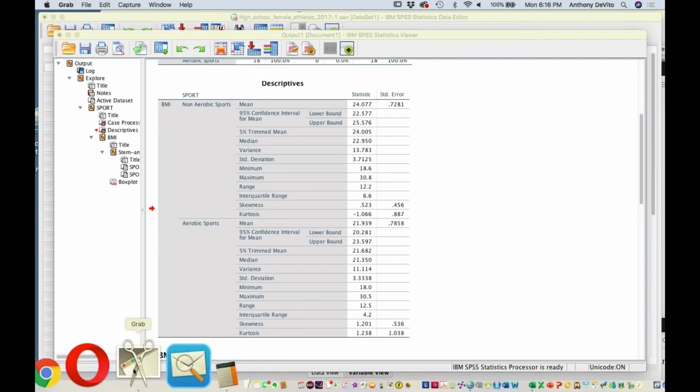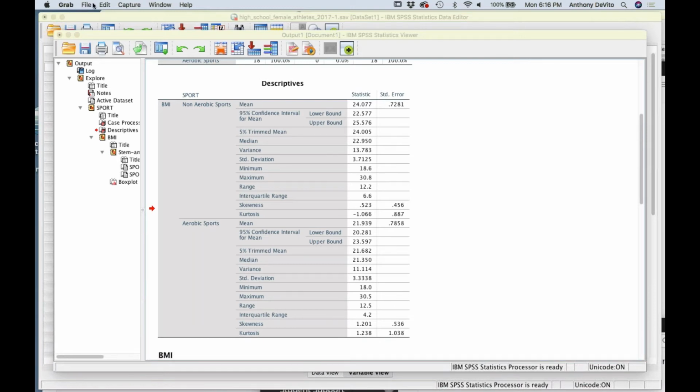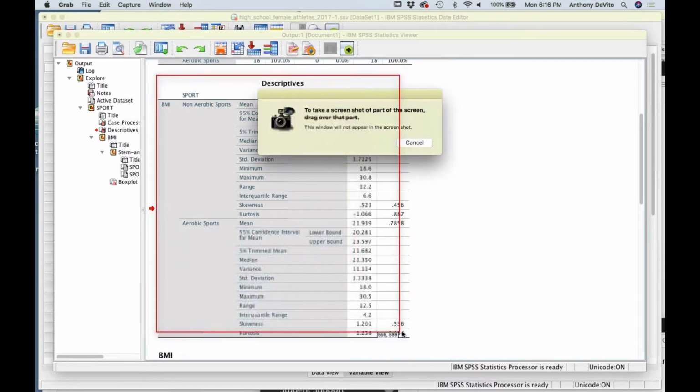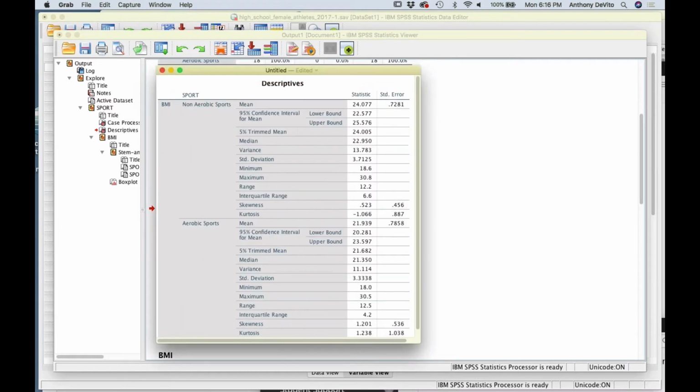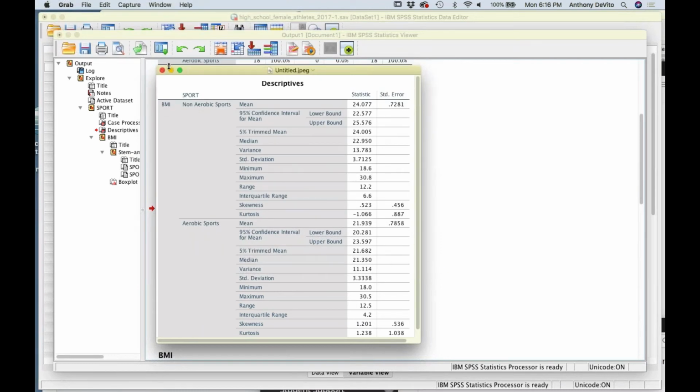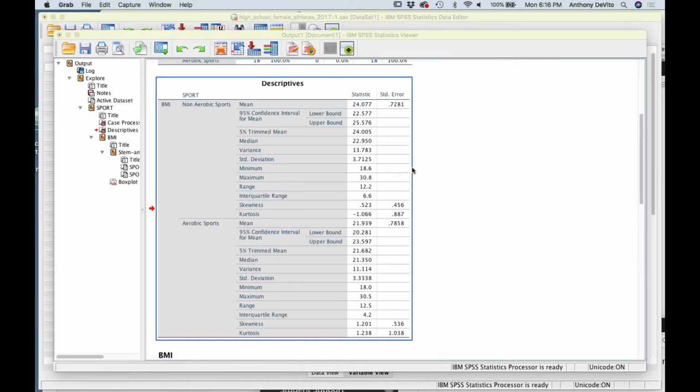When you start Grab, you can capture a selection, a window, a screen, or a timed screen. So you can just say selection, highlight this whole thing and capture it as an image. I could then save this as a JPEG, a TIFF, or a PNG file. And then you can also go into Preview and convert it to a PDF file or something like that. Not sure that's particularly more useful. So you have that option also.